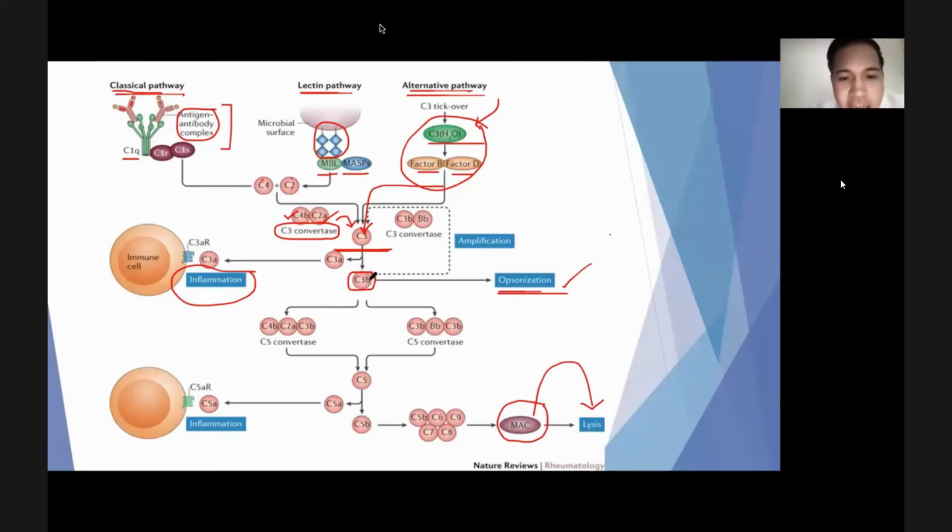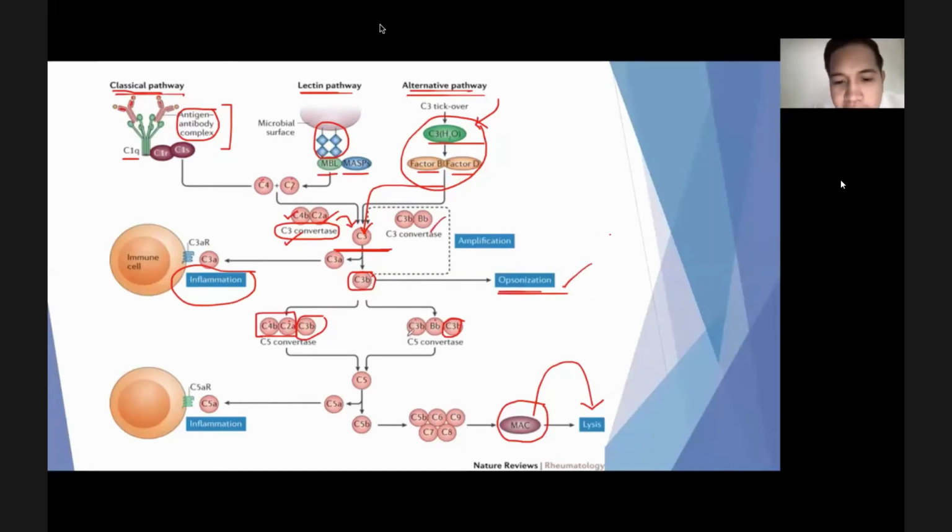Okay? Now, since bida-bida nga siya, bukod dyan, may iba pa siyang role. C3B now can combine with C3 convertases. Okay? Like C4B and C2A. Ito yan, it's a C3 convertase. C3BB and BB, this is a C3 convertase.